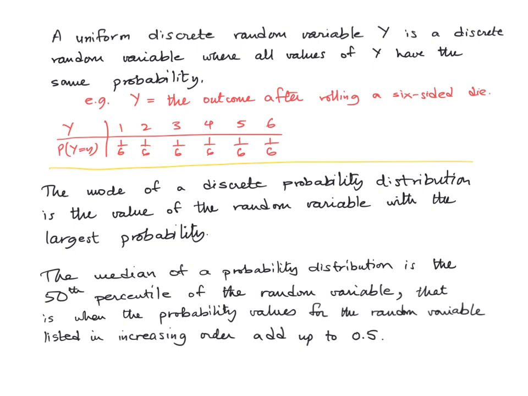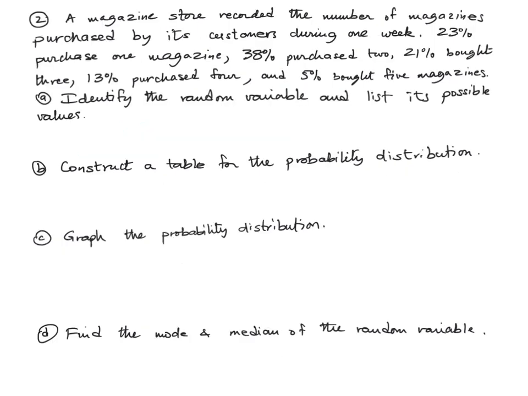Once that sum reaches 0.5, or a half, then you have hit the 50th percentile, and then you would know what the median is. Now this is easiest to understand with an example. The mode is relatively straightforward. Median takes a little bit more brain power, I suppose I would say. So let's go ahead and do it with an example.